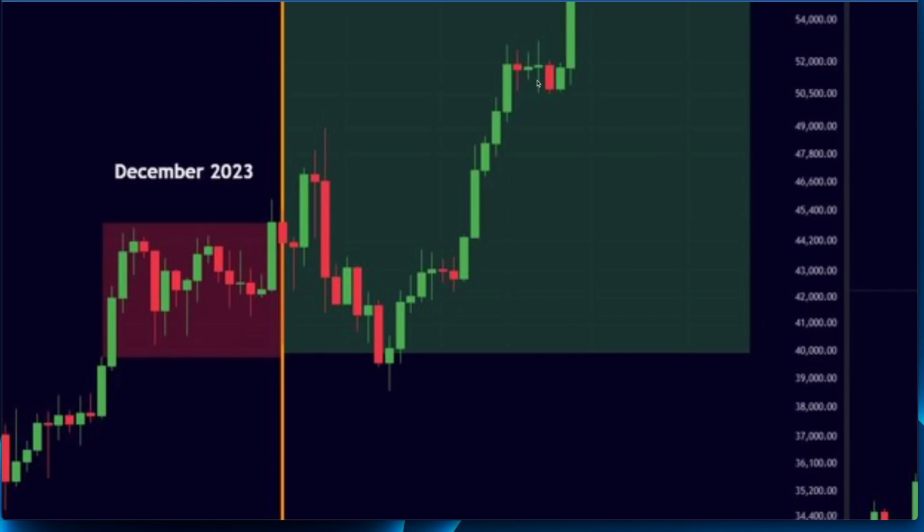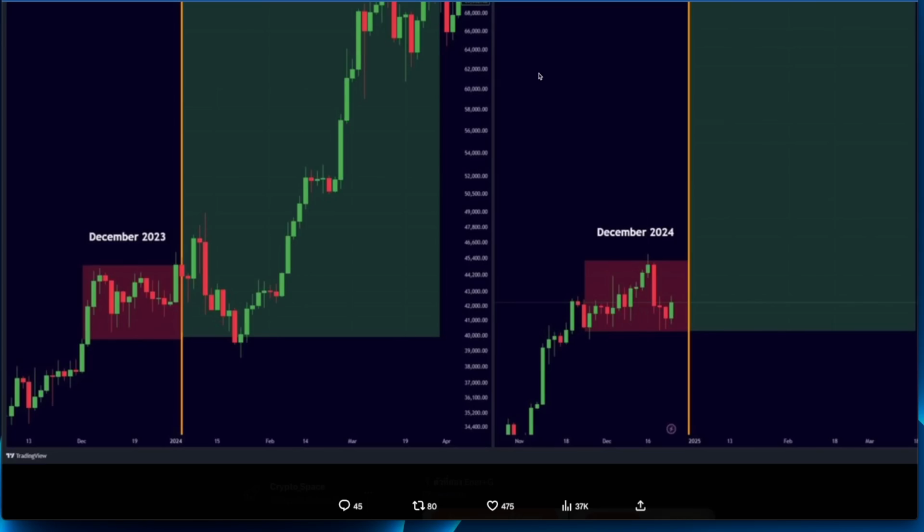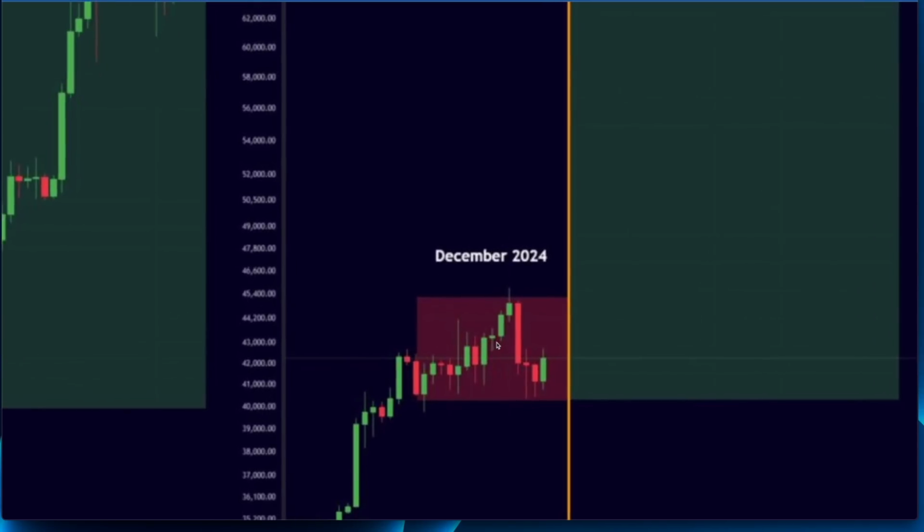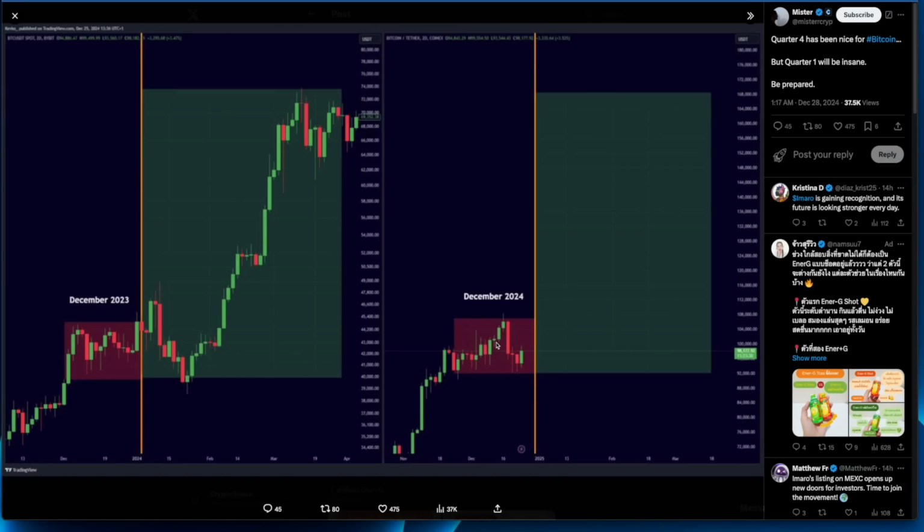After that, a proper reversal, and BTC saw a huge run towards the upside. That was basically entering this huge bear flag formation, and this is where we are at the moment, December 2024. I'm not saying that this is going to happen 100% only because it did one year ago, but it's very likely. These patterns are repetitive.